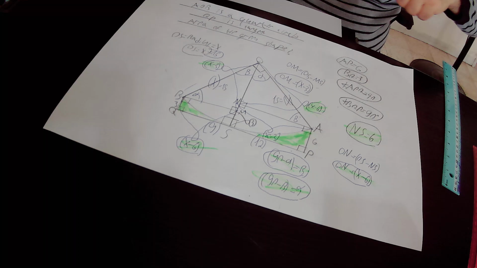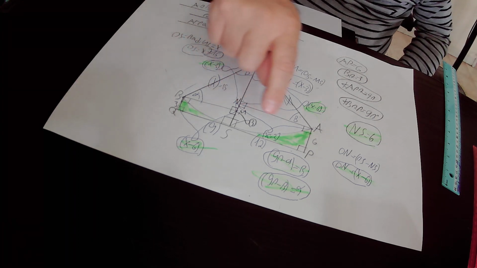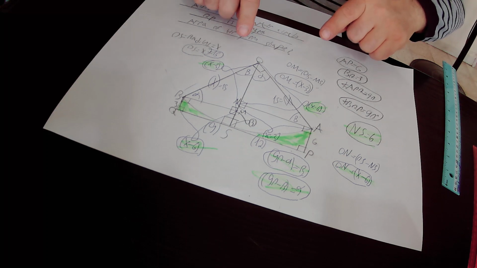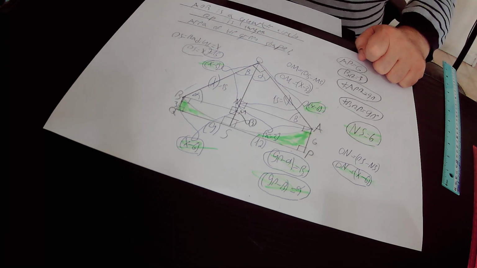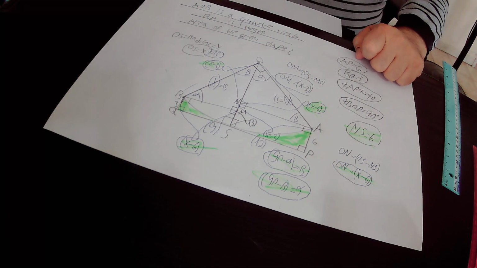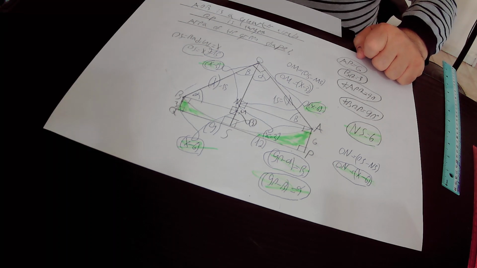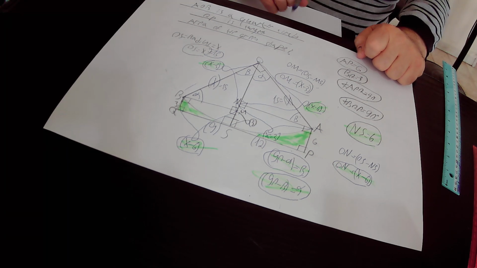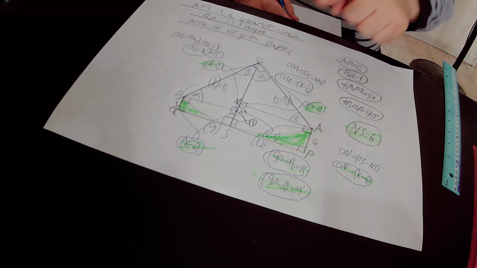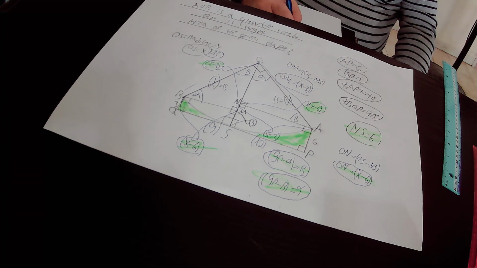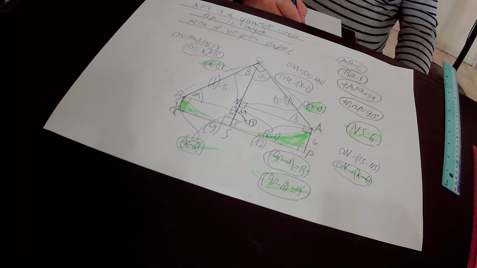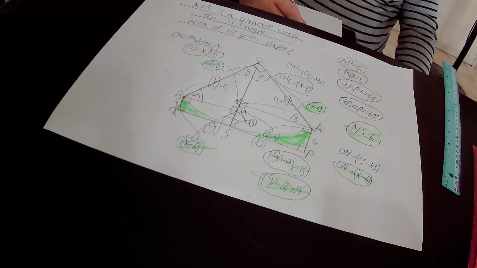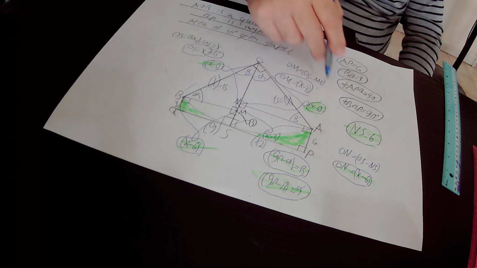Why? Because this whole shape OBQSPA consists of those two trapezoids, trapezoid OBQS plus trapezoid OSPA. Okay. So the area of the whole shape equals the area of trapezoid OBQS plus the area of this trapezoid OSPA.